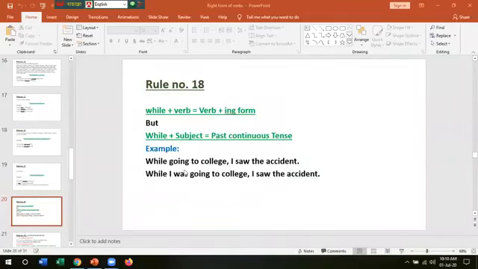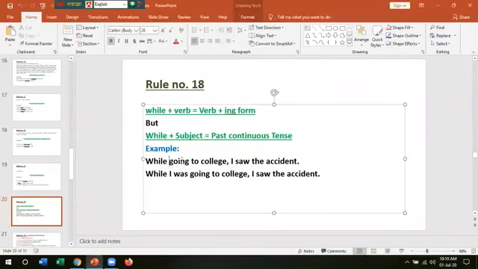I'm giving an example. While going to college, I saw the accident. Here you see, after while there is a verb. That is why we have used the ing format.